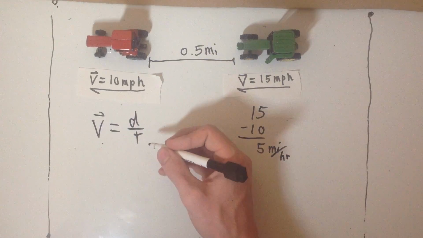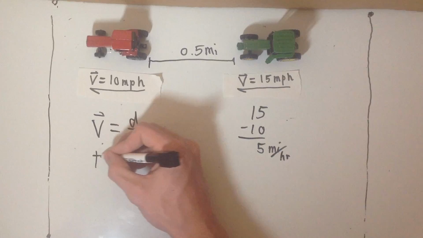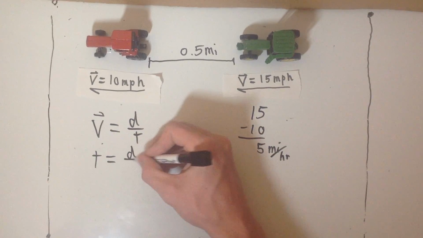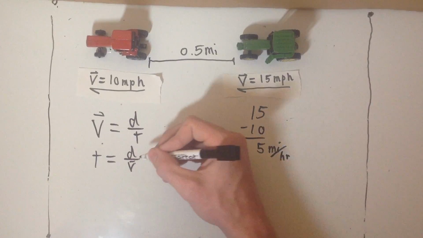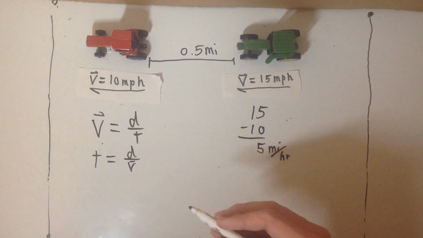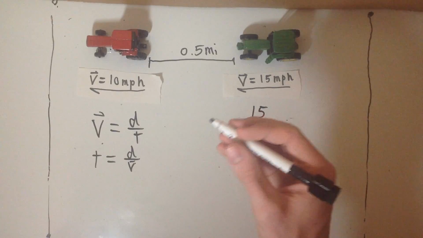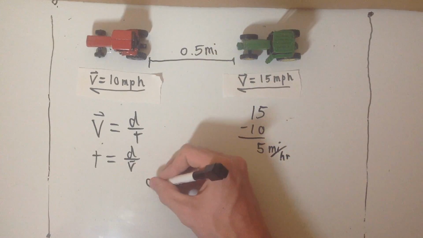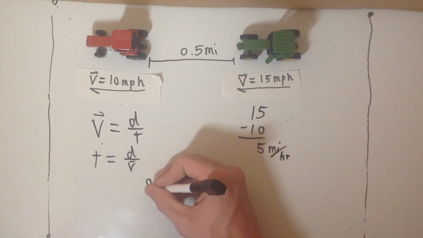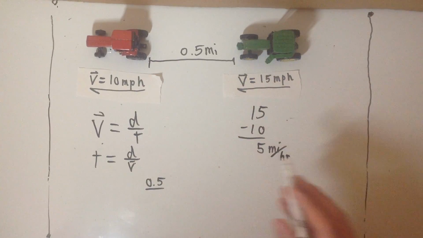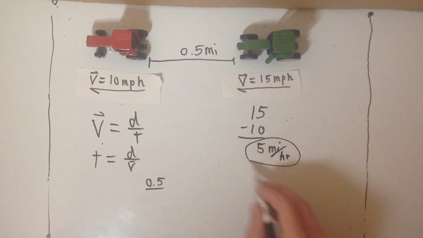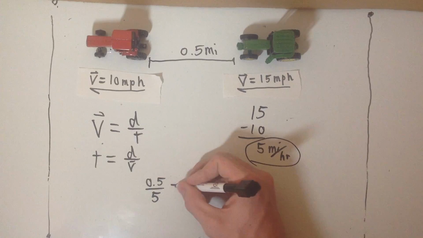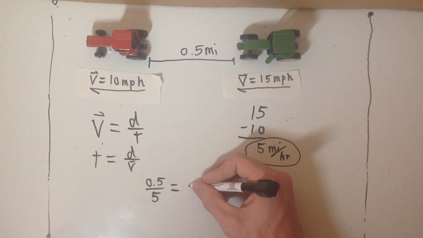But we want to find time, so we rearrange to say that time equals distance over velocity. Then we plug in our numbers: 0.5 miles divided by 5 miles per hour.